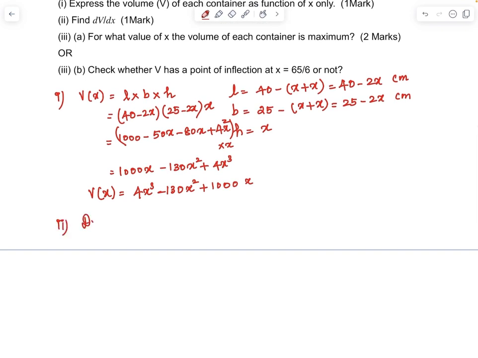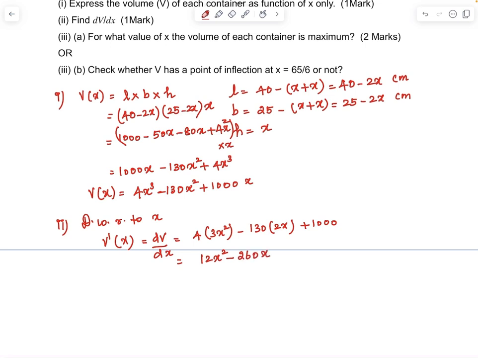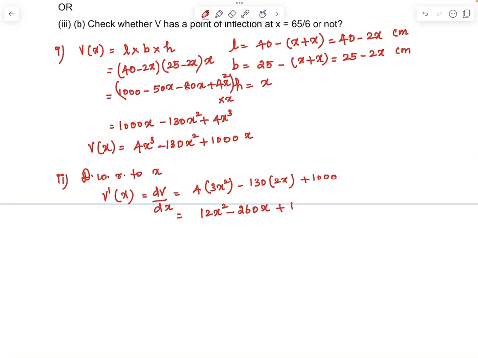So differentiating with respect to x, V dash of x, that is dV by dx, is equal to 4 times 3x square minus 130 times 2x plus 1000, that is 12x square minus 260x plus 1000.